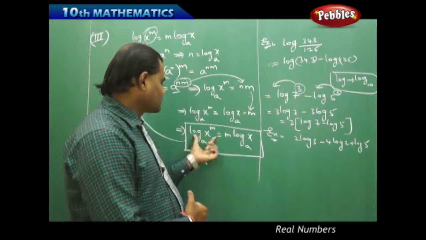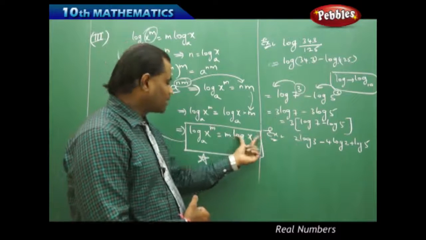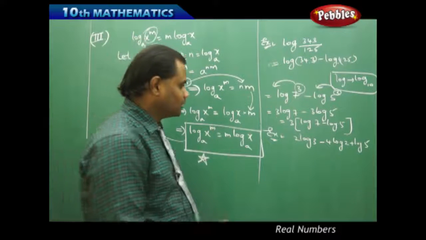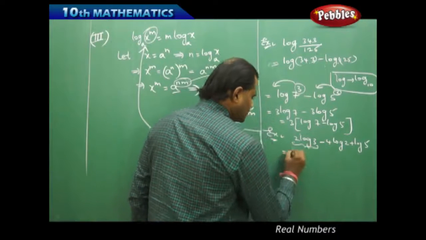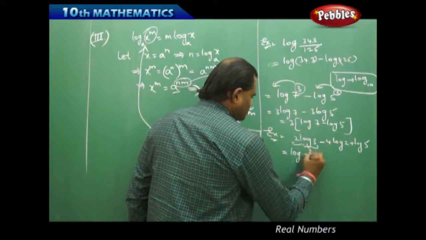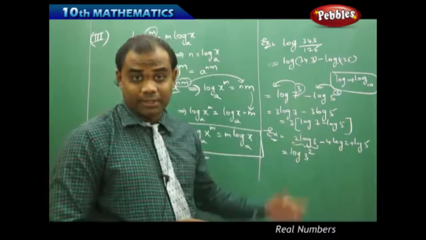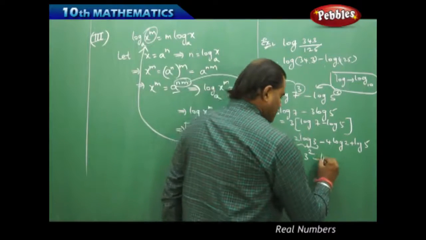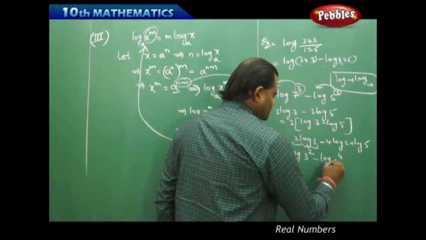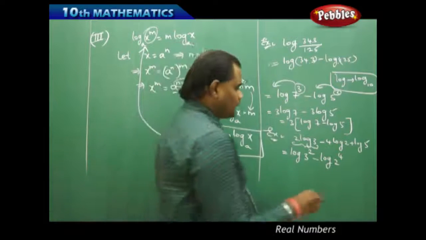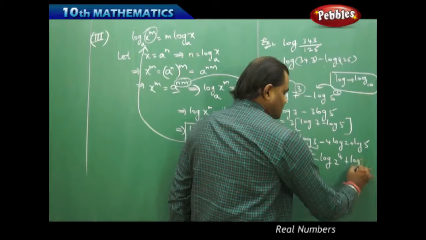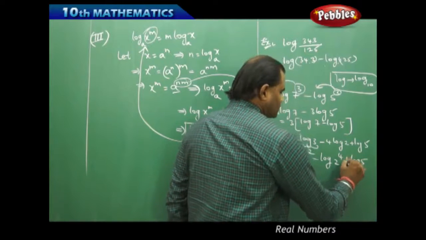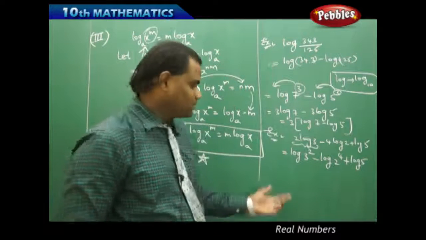If my log x power m is m log x, then my m log x is log x power m. Therefore, my m log x becomes log x power m, written as 3 raised to 2, minus 4 log 2 can be written as 2 power 4. And this remains as it is, log 5, which can be further simplified.